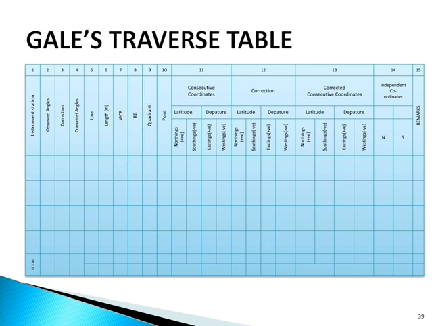Enter the quadrants of the reduced bearing in column 9. I think we have discussed all these things. Next, columns 11, 12, 13, 14 and 15 we have already discussed: all the consecutive coordinates and corrected consecutive coordinates, done according to the equations we have already seen.